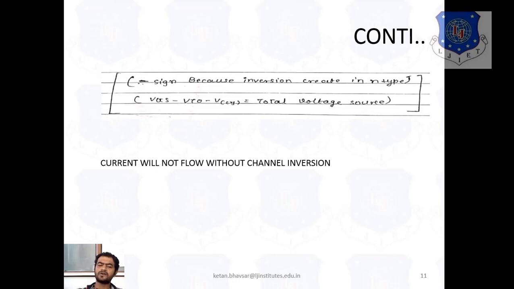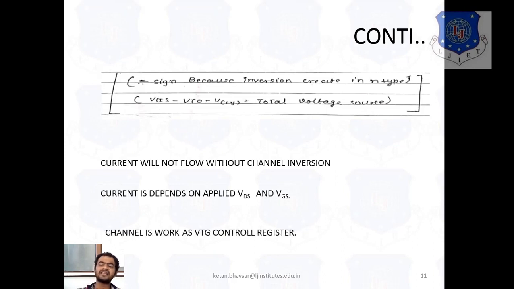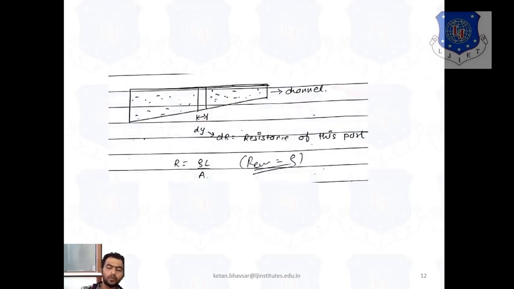The current will not flow through the channel inversion. Current depends on the applied voltages VDS and VGS, and the channel works as a voltage-controlled resistor.